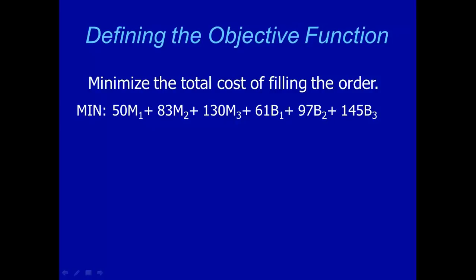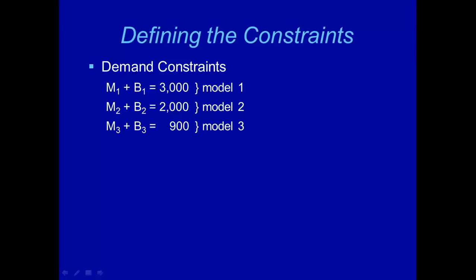Next, let's look at our constraints. The first group of constraints is the demand constraints, because the customer ordered 3,000 Model 1 rings, 2,000 Model 2 rings, and 900 Model 3 rings. There are 2 different ways of getting those rings. One is to make, the other is to buy. So the total number of Model 1 rings we can provide to our customer is M1 plus B1.